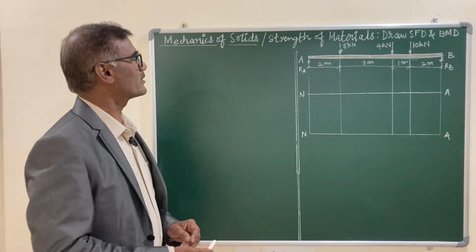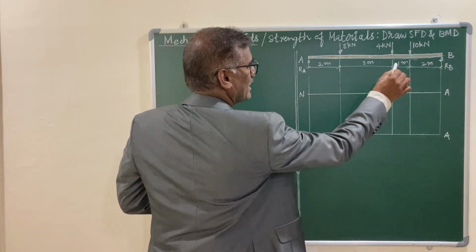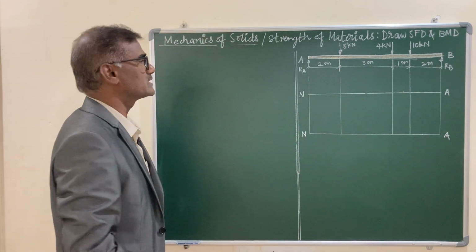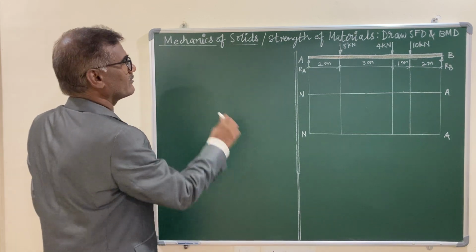The very first step of the problem is you have to find out the support reactions at A and B. For that you have to consider equilibrium of the beam and write the equations of equilibrium.